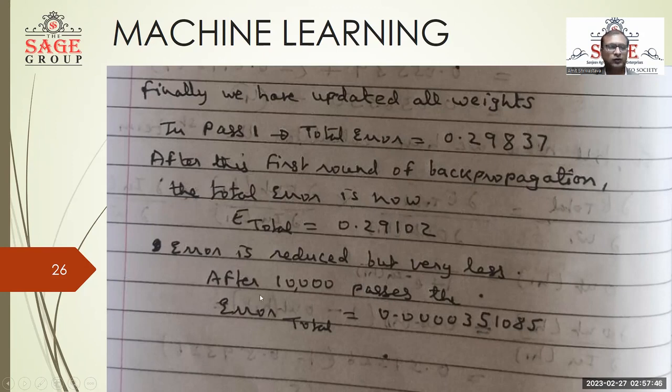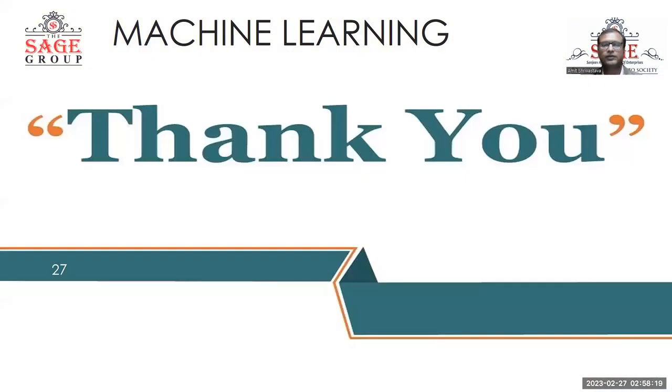It will definitely reduce, but the error will be reduced in a very gradual manner, because we are also making use of alpha, the learning rate. After 10,000 passes, if you apply this formula, the total error will be 0.0000351085. So this is how we apply the backpropagation technique in the neural network. Thank you.